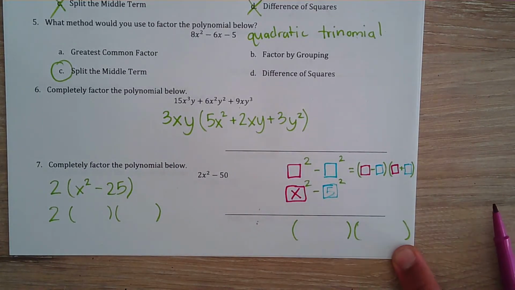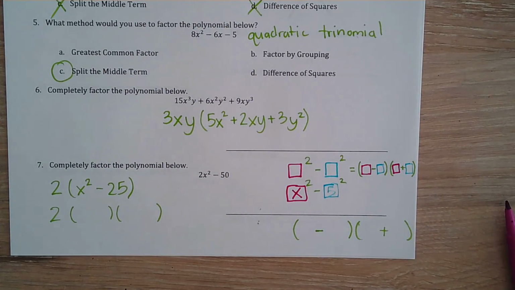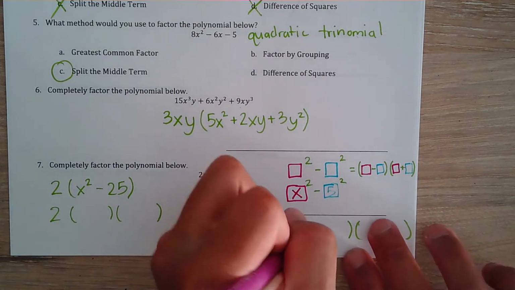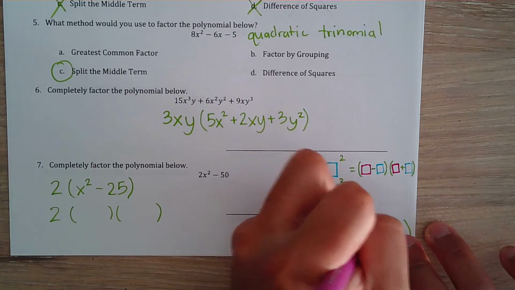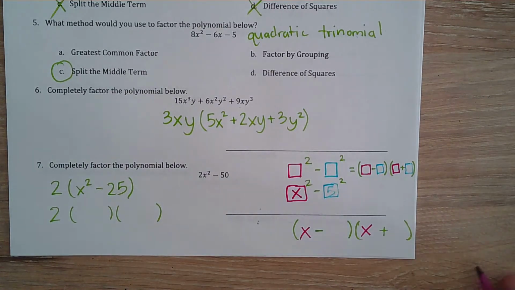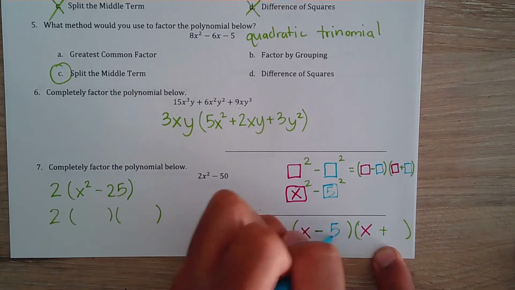As our formula says, we have minus, and we also have a plus. And then we literally just fill in the boxes with what we have, because that's our whole motivation for finding that. So in the pink boxes, we write an x. And in the blue boxes, we would write a 5.